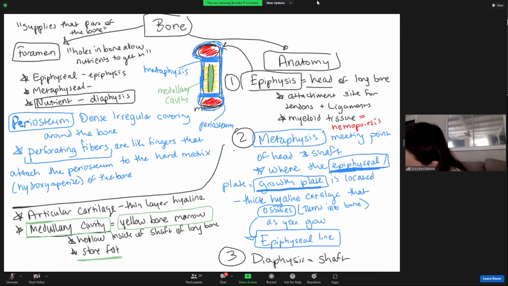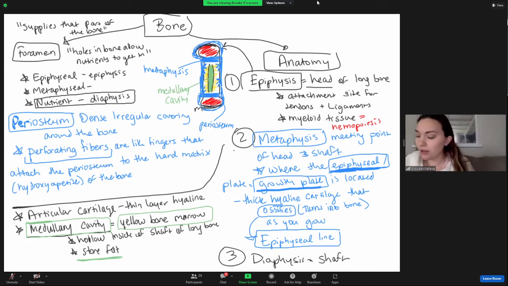So you can kind of picture they're like these weird little spider fingers that will then anchor the actual periosteum to the hydroxyapatite of the bone.